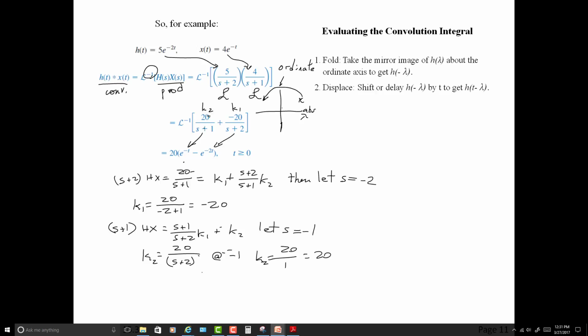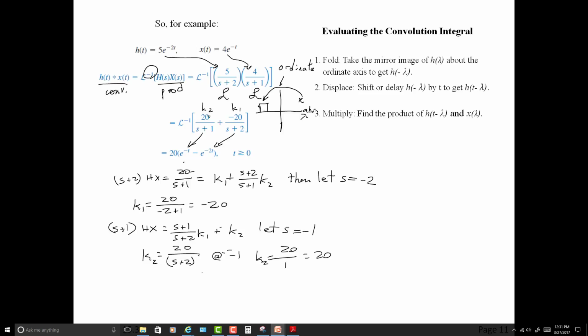All right, then you're going to displace it. So that means you're going to set it over here someplace, and you're going to displace it by t, right? So that means you're going to be moving it.